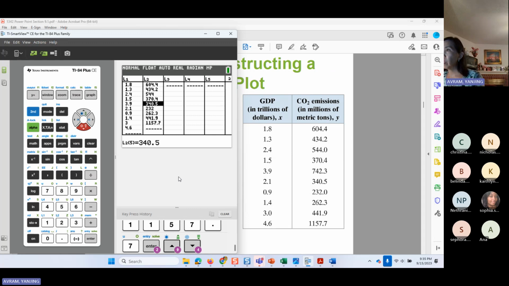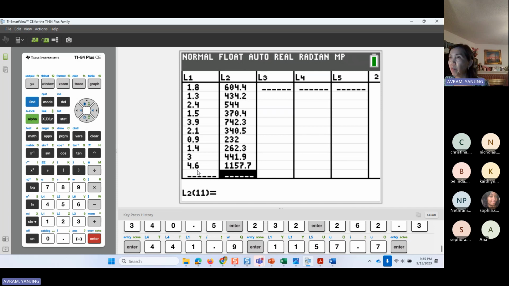I missed the 742.3, and then that's 340.5. Okay, now we have the left side and the right side the same.